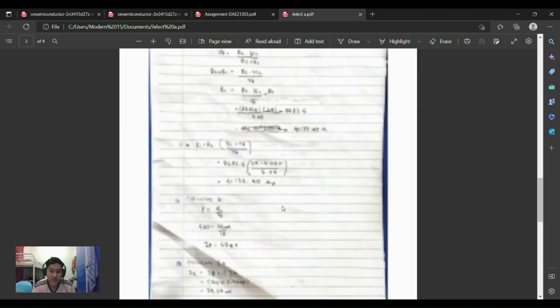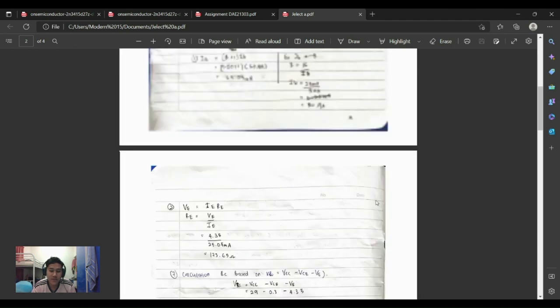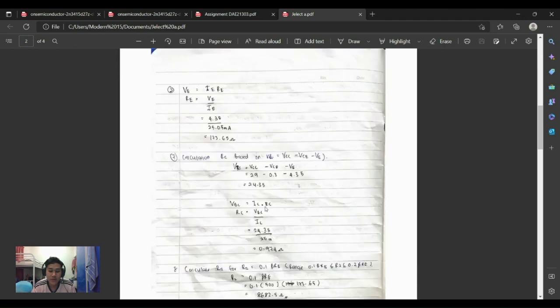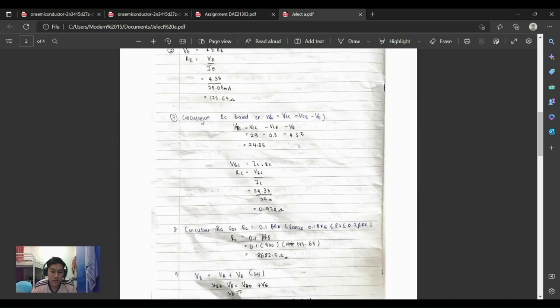For question number 5, VE equal to 0.15 VCC. VE equal to 0.15 times VCC 29. So multiplied by 29, the answer is 4.05 volts. So calculation number 6, calculate RE based on the value of VE and IE. For the formula, IE equal beta plus 1 multiplied by IB.